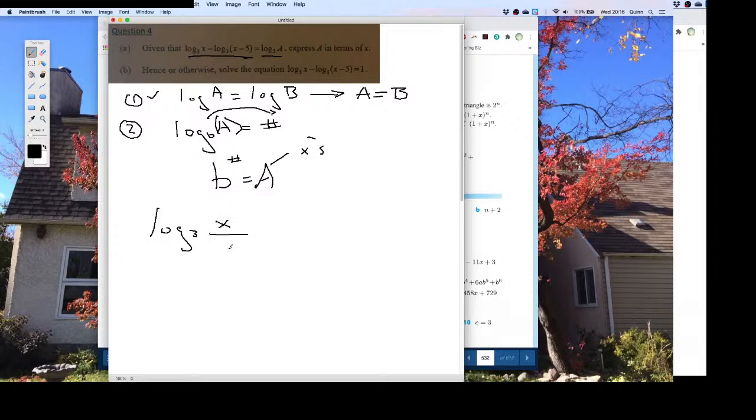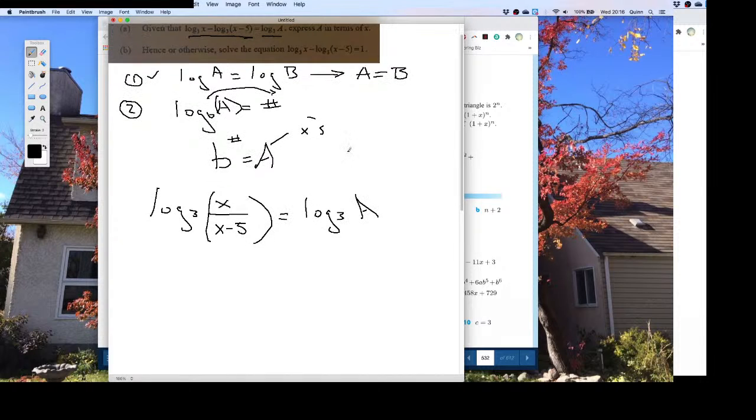Subtraction means we divide the arguments, like so, equals log 3a, same base. If these bases are different, you guys have to use the change of base rule, right? So if the bases are different, that's a huge hint that it's a change of base rule, okay?